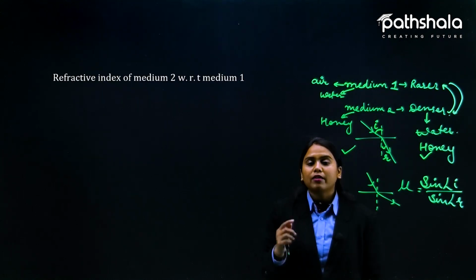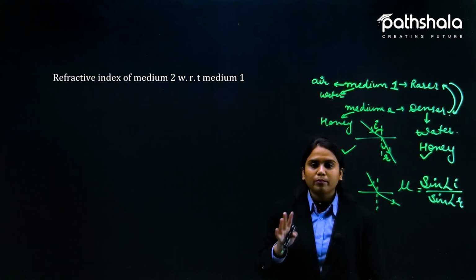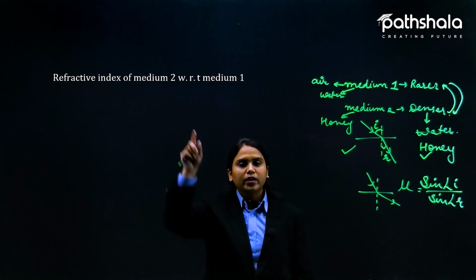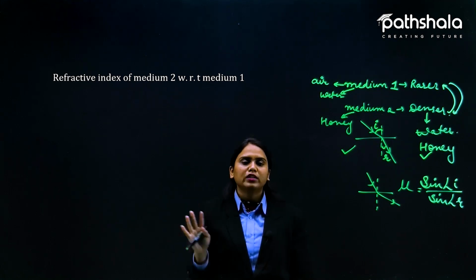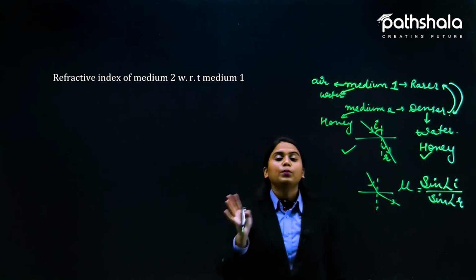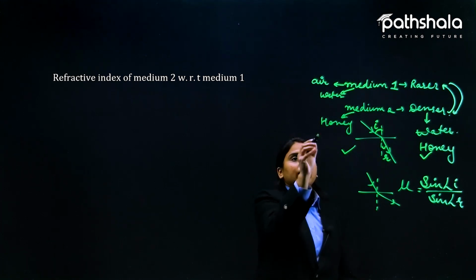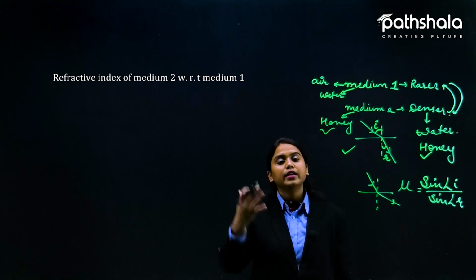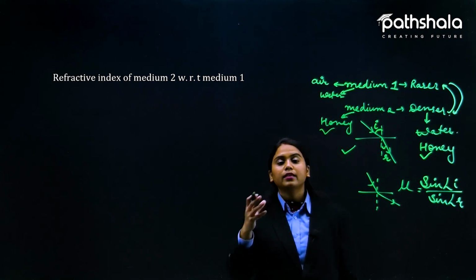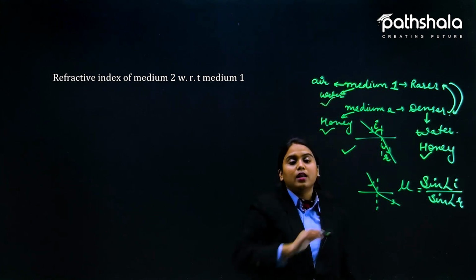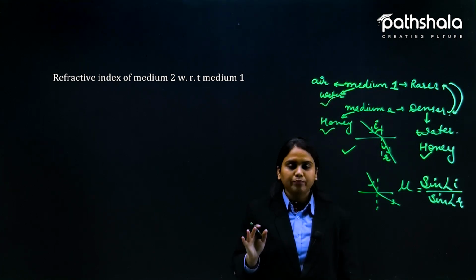Let's suppose we need to find the refractive index of medium 2, any medium, with respect to medium 1. Let's suppose I want to take the refractive index of honey, that is, how much the bending of light will be inside honey, if I want to compare it with water.